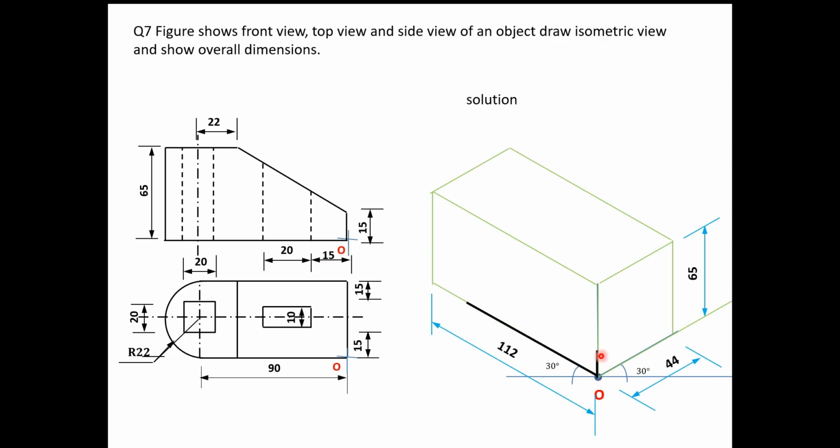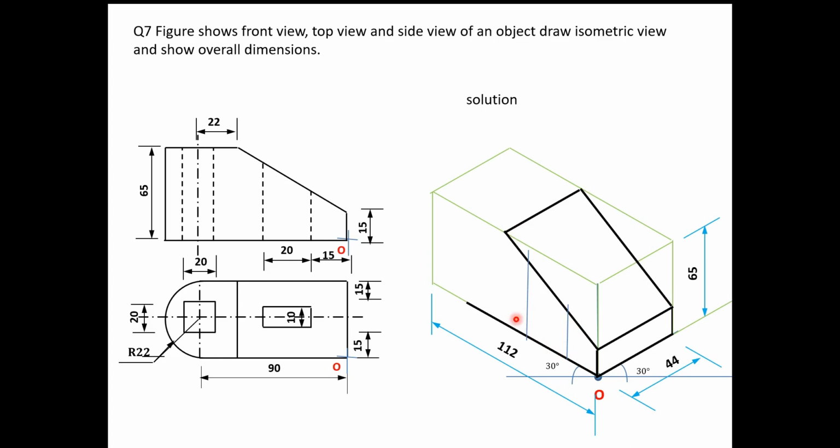Then draw this edge, this edge is visible, then this edge is also visible, this edge is also visible. Then find out this is at a distance of 22. Mark here, join this edge, join this edge. Again from 15 mm distance, draw a vertical line. From 20 mm distance to this, draw another vertical line.